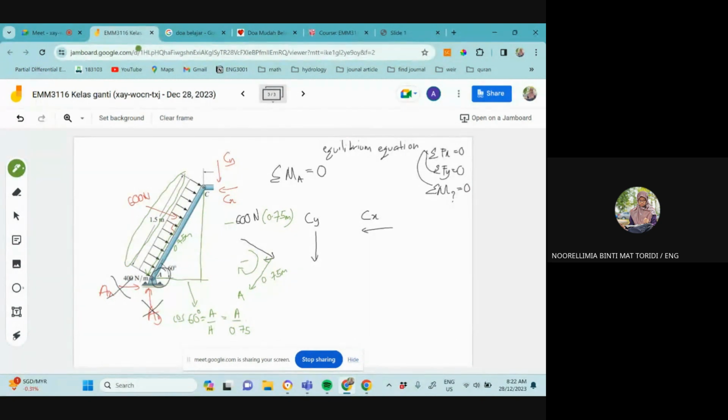So A will be equal to 0.75 cos 60, so the value will be 0.375 meter.